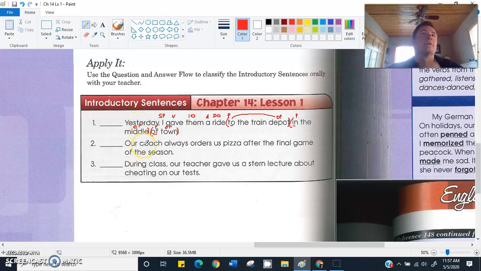Yesterday, what does that answer? Yesterday tells me when this happened. I'm describing when the action took place, which means it's a predicate word. So is it in inverted order? I don't like to call this inverted, but we have words that belong in the predicate that are up in the front.